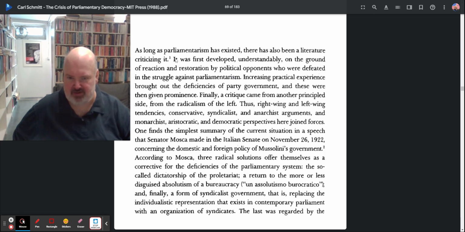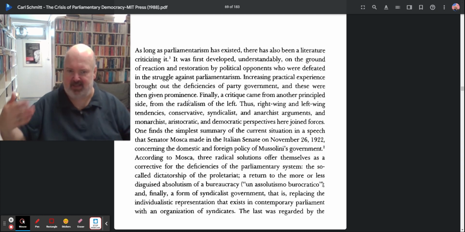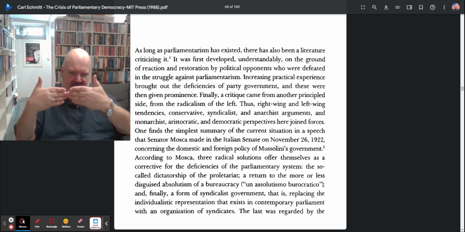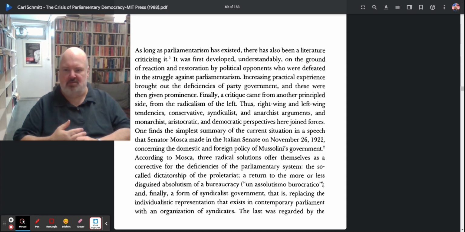So much of the literature criticizing parliament is basically the literature against parliamentarism, right? Increasingly, practical experience brought out the deficiencies of party government, and these were then given prominence. So the first critics started with the reaction against the fight: the defenders of royal rule.